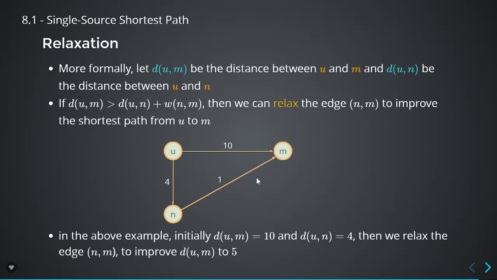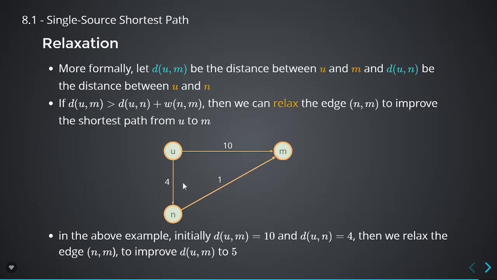Let's say dum is the distance between u and m, and dun is the distance between u and n. If the distance from u to m is bigger than the distance between u and n plus the weight from n to m, then we can relax the edge nm to improve the shortest path from u to m.